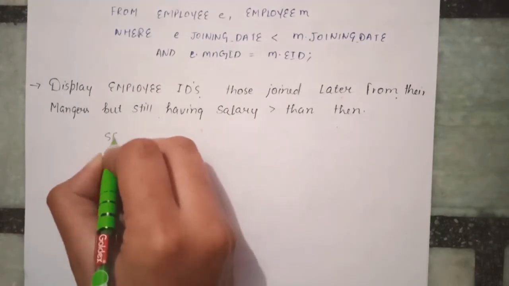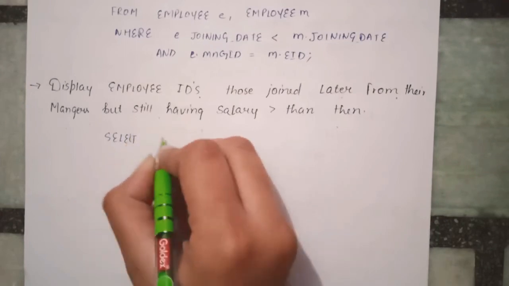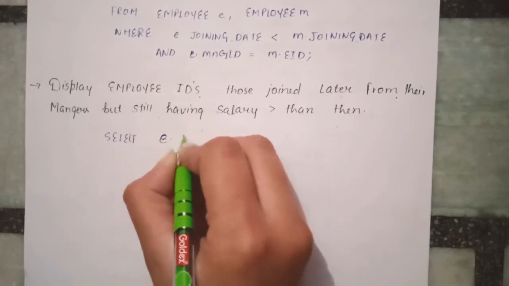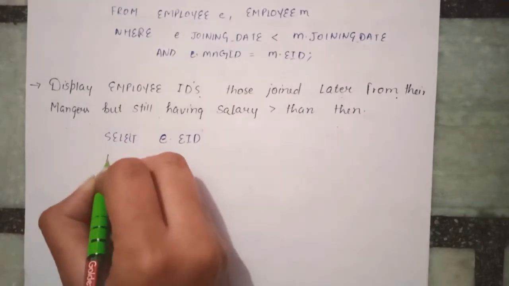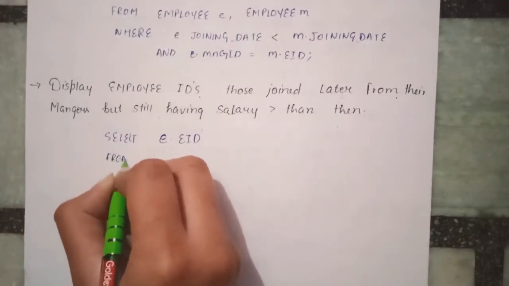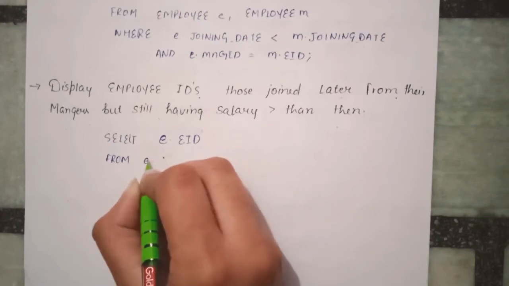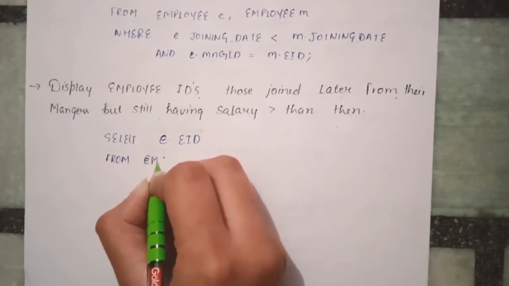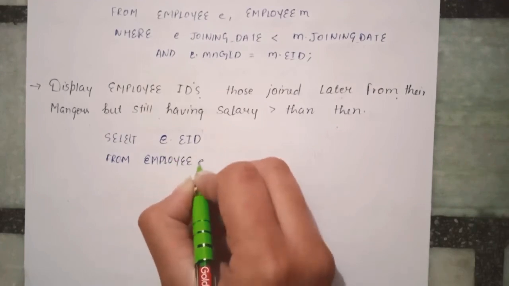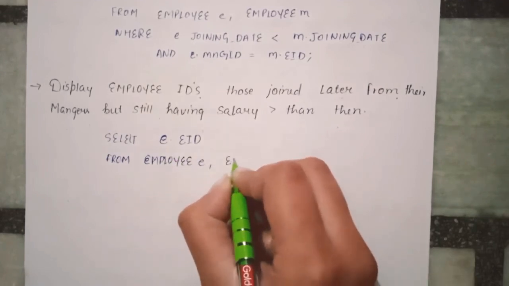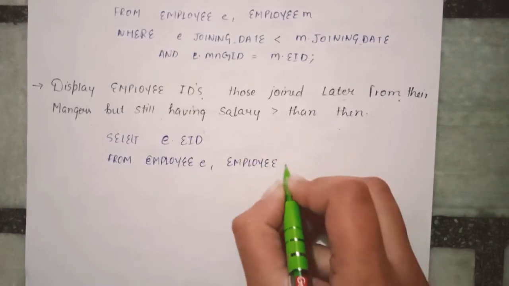It will be select e dot eid, because we just need employee id, from employee e. Okay, and the second instance is employee m.